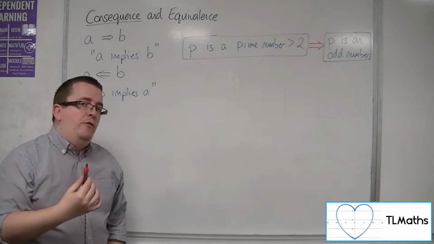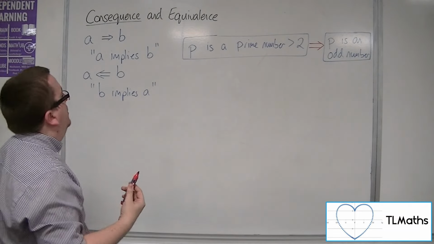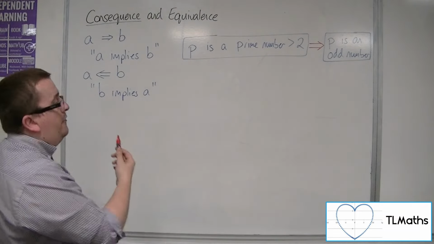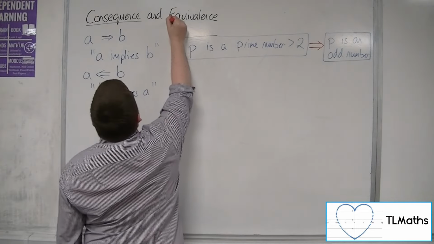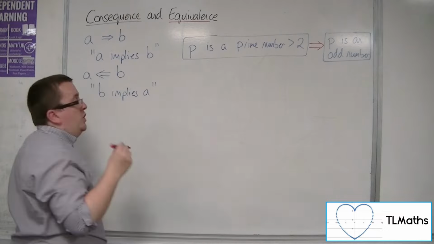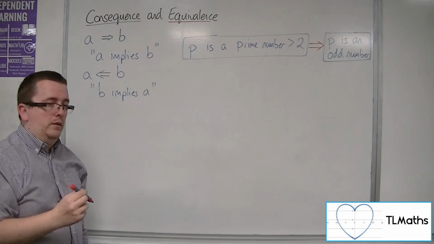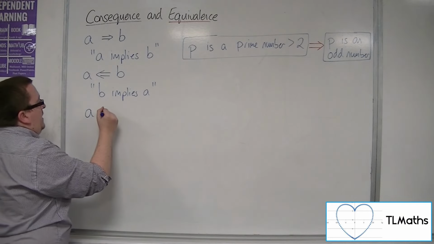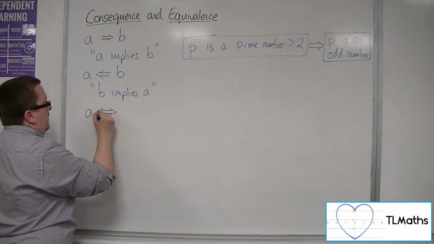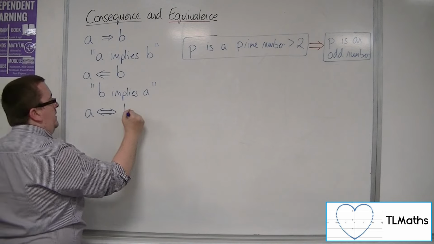Now, if it had pointed from right to left as well, we would have said then that this statement was a logical equivalence. Okay, so we write the arrow pointing both ways.